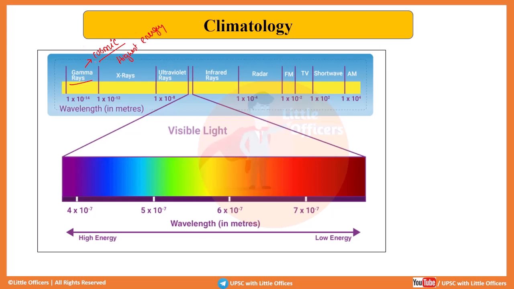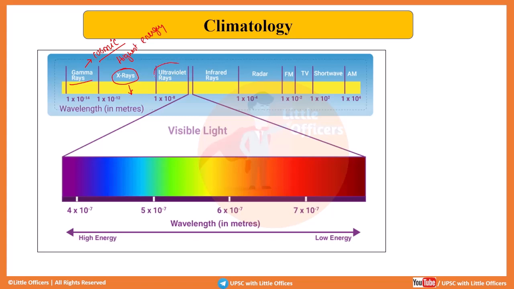They have such super energy. Then followed by them are X-rays. Again, categories are there in the X-rays, and these X-rays also have a good amount of energy. They can penetrate our body also. That's the reason why we use them in taking X-rays in medical applications.